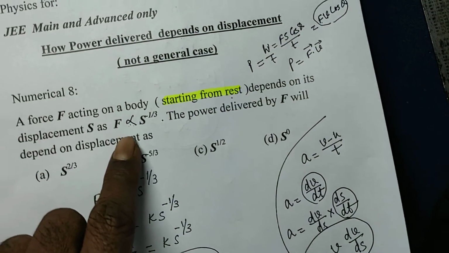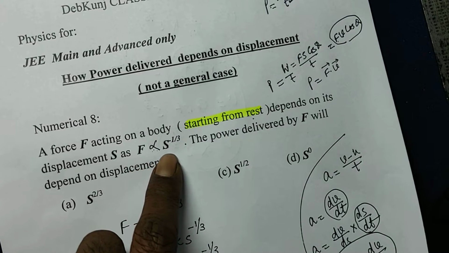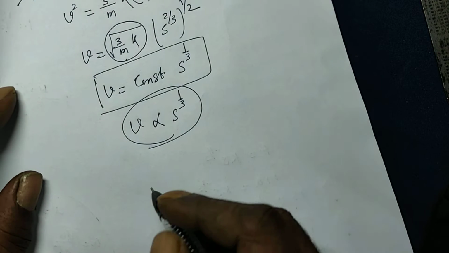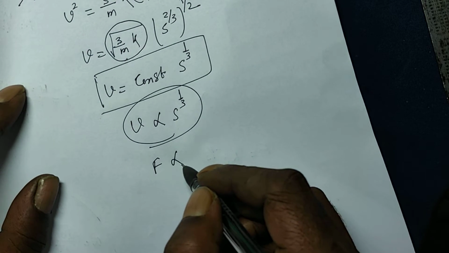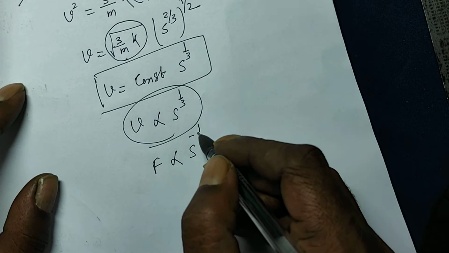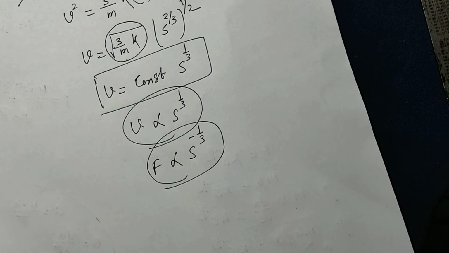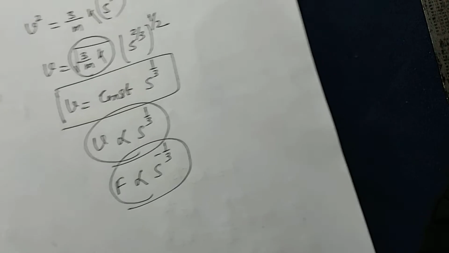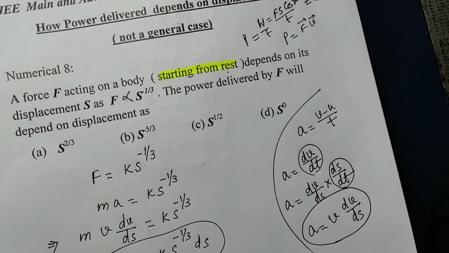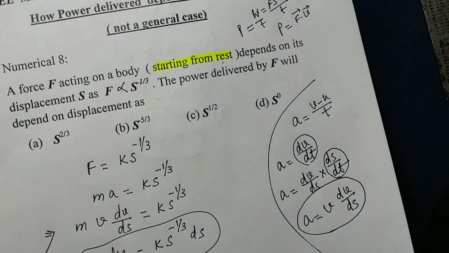And force, it was mentioned that F is proportional to s to the power minus 1 over 3. Let me rewrite here, it was given force is proportional to s to the power minus 1 over 3. And we are interested in the power. Now, the power delivered.